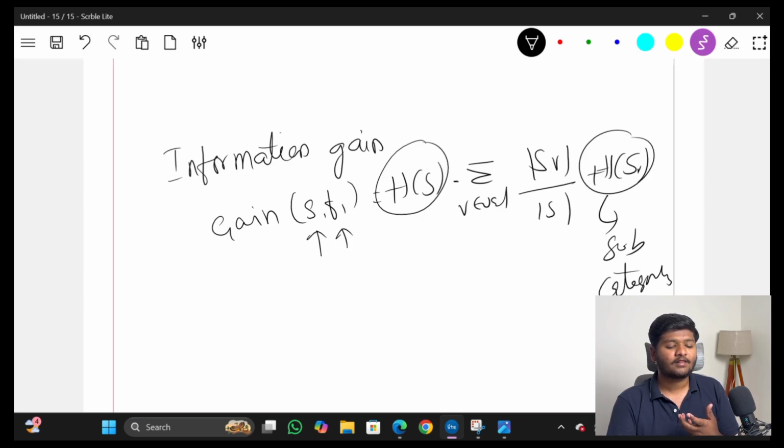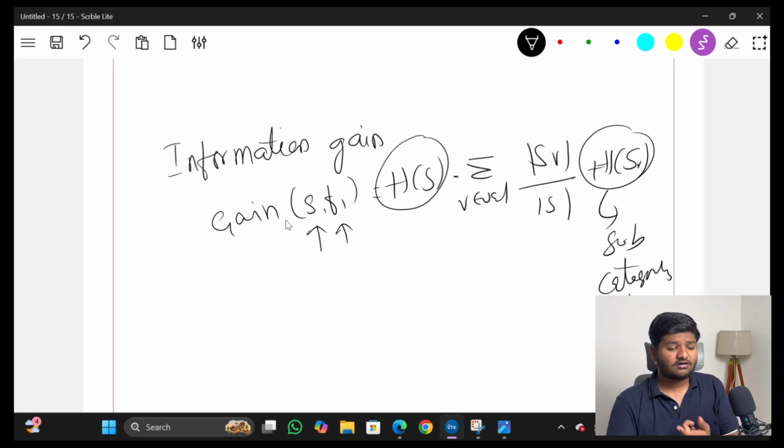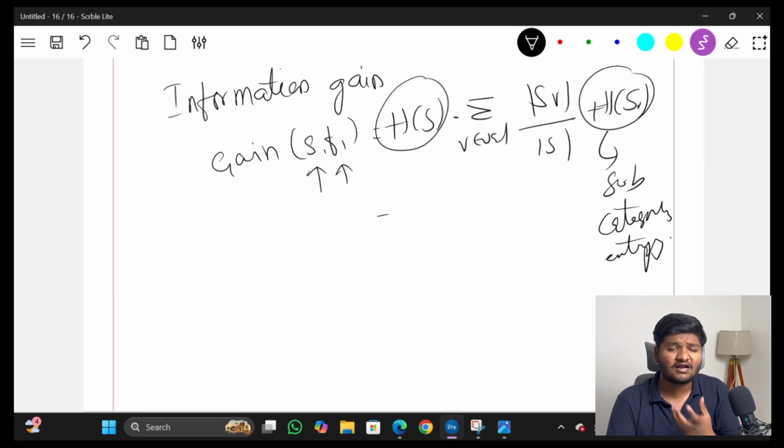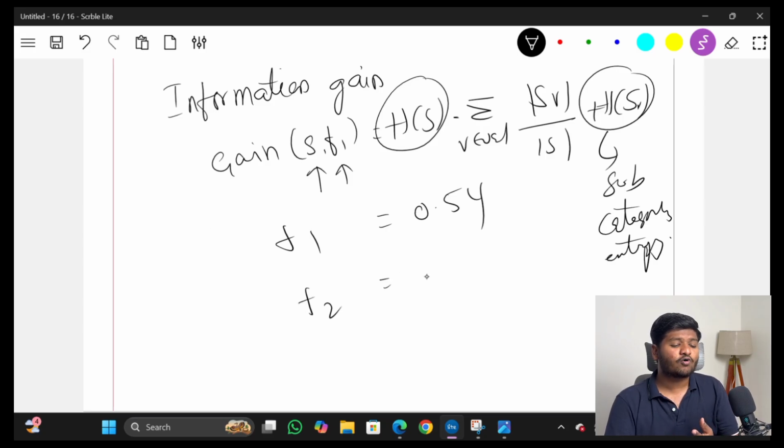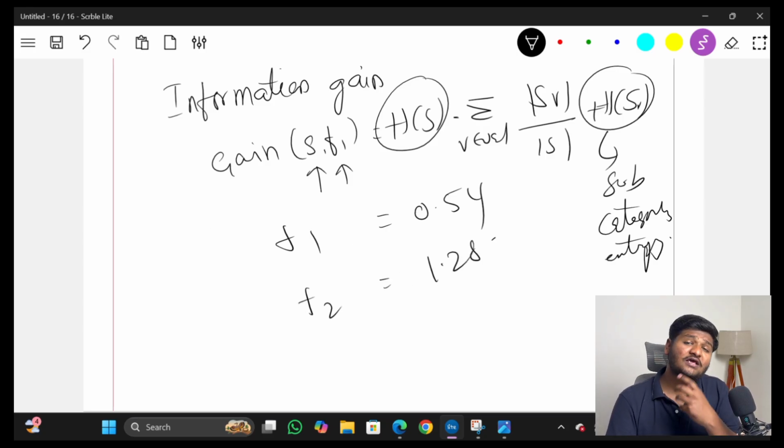See here the amount of information gain. If you calculate this part, you will get some value. Assume you will get 0.54 for the first feature. For the second feature you will get something like 1.28. Now which will be selected as the root feature?